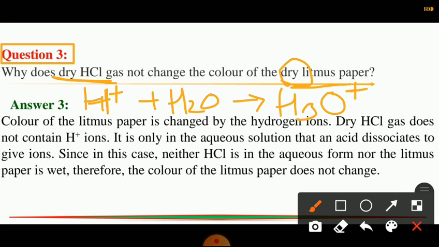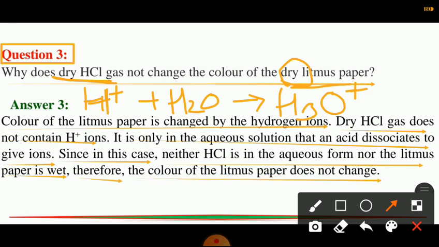So in the answer we can write, color of the litmus paper is changed by the hydrogen ions. Dry HCl gas does not contain H positive ions. It is only in the aqueous solution that an acid dissociates to give ions. Since in this case neither HCl is in the aqueous form nor the litmus paper is wet, therefore the color of the litmus paper does not change.